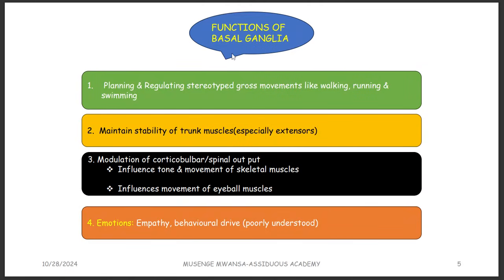So the functions of the basal ganglia: planning and regulating stereotyped gross movement, for example walking, running, swimming. Also maintaining stability of the trunk muscles, modulation of the corticobulbar and corticospinal output systems, which will control the muscle tone, and also emotions like empathy and behavioral drive.